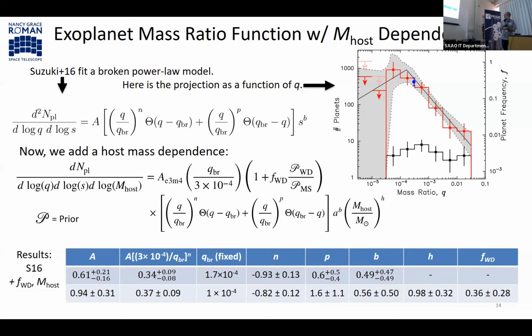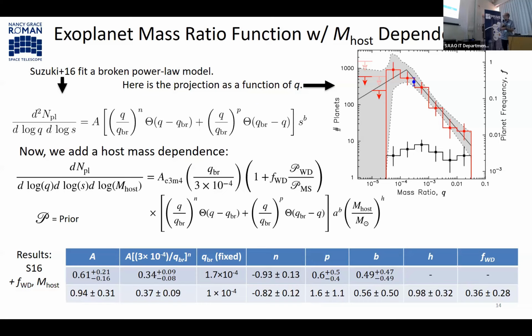Also, we have to include another parameter because we have one event that can be explained by a white dwarf host. We include a factor here of the fraction of white dwarfs, and to do this right, since we know something about the mass distribution of white dwarfs and main sequence stars, we want to include the ratio of the priors here, as if we were including it in the same term along with the main sequence sources that are covered by 1 here.